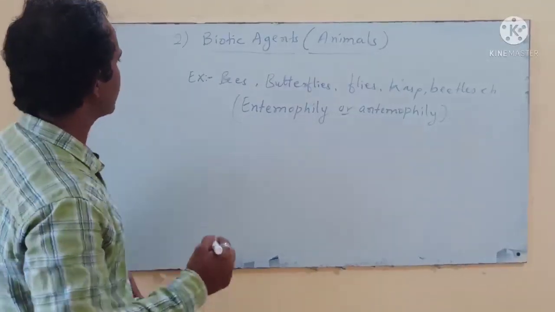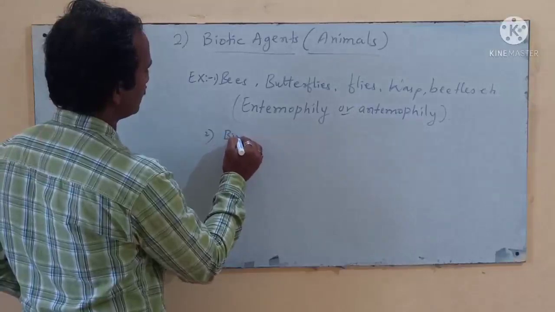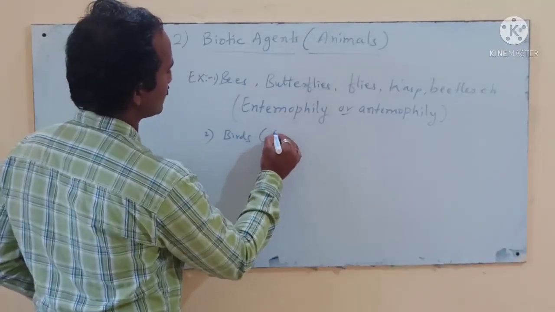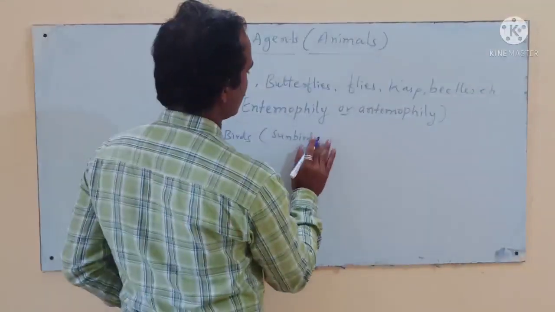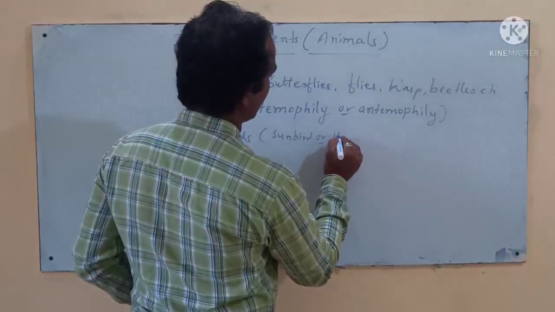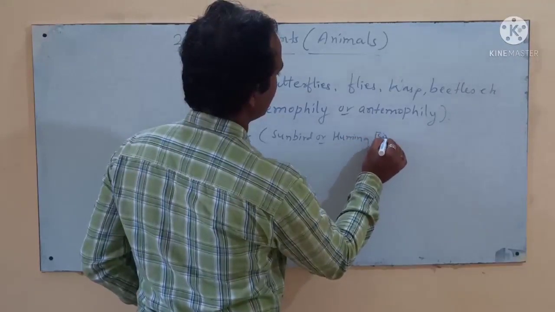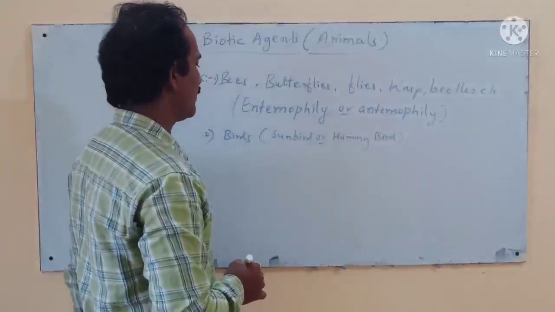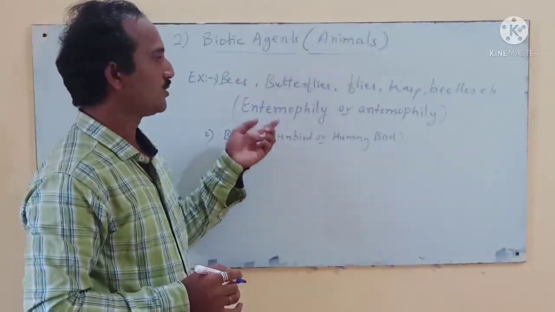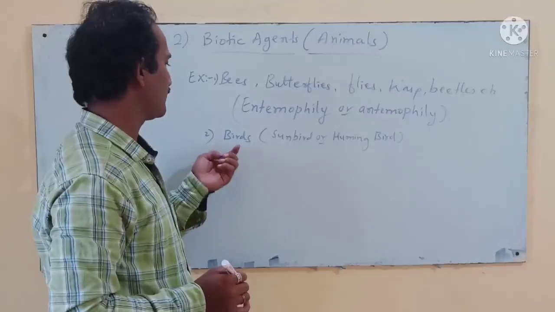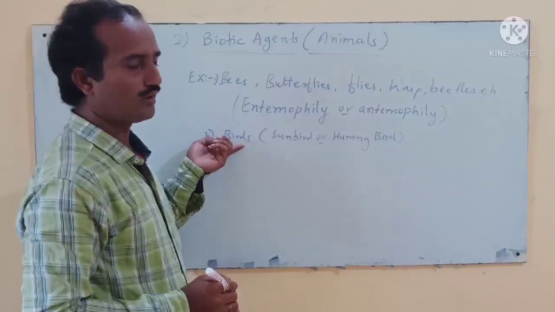Okay, the second example is pollination through birds, such as the sunbird or hummingbird. Through these birds, pollination takes place. With the help of birds, some plants will carry out pollination.